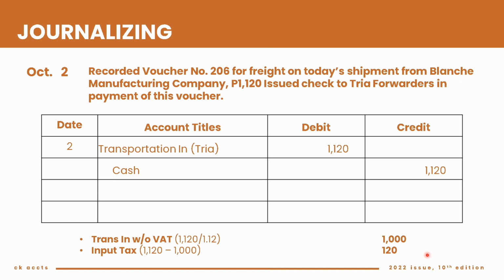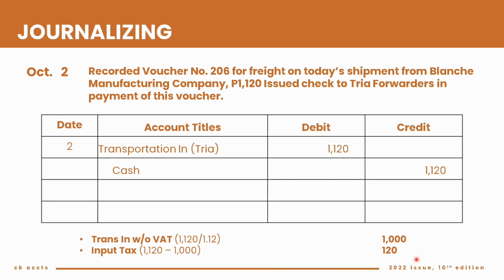Hindi lang dito sa trans-in but also to the other expenses. Trans-in kasi is also an expense account, pero more on the purchase or the cost side siya kasi pagdating sa income statement, siya ay sinasama sa cost of goods sold. Pero transportation in has the same nature with expenses.